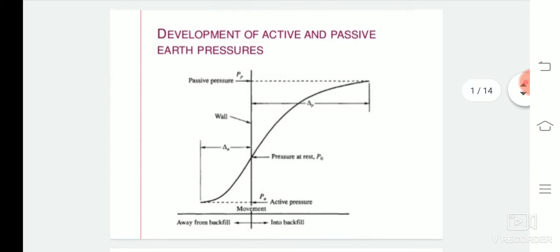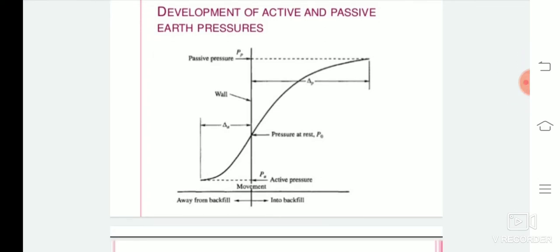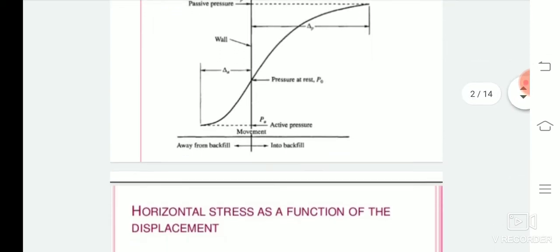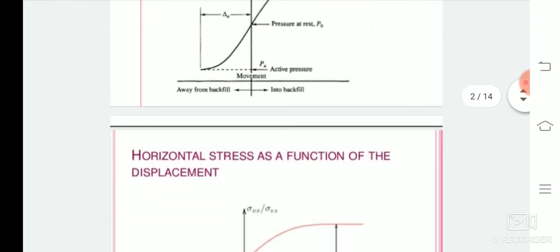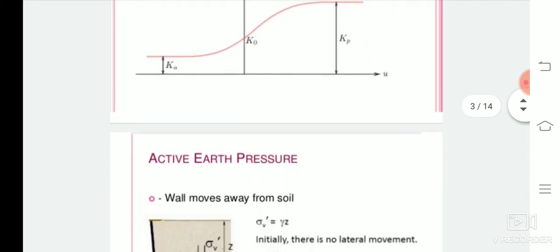This maximum pressure is known as passive earth pressure, indicated by Pp, and the state between the active and passive earth pressure is known as earth pressure at rest, which we have already studied previously. So this is the pressure intensity diagram, and similarly this is the coefficient of active earth pressure, at rest, and passive earth pressure.